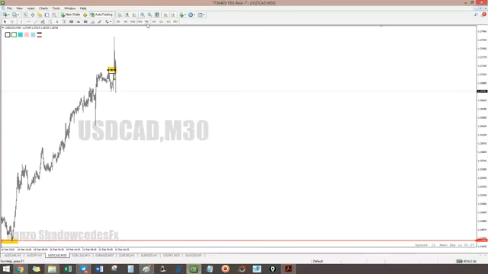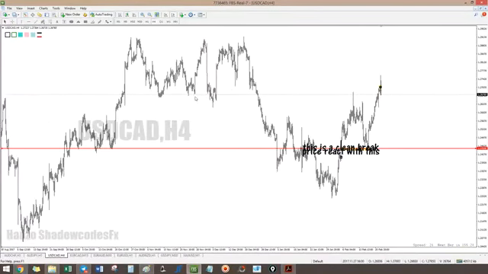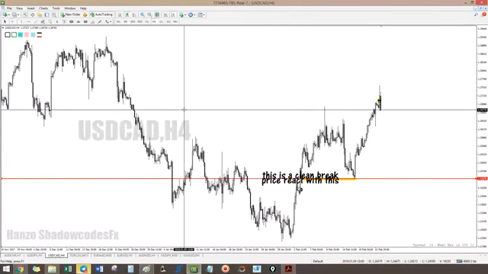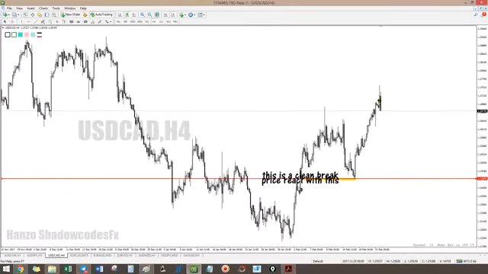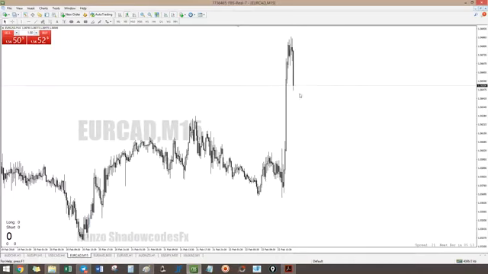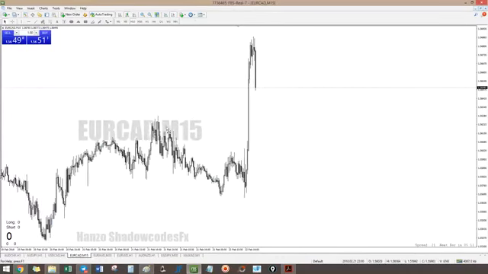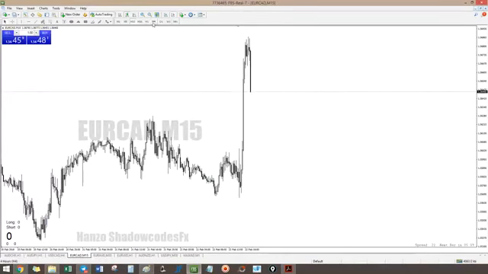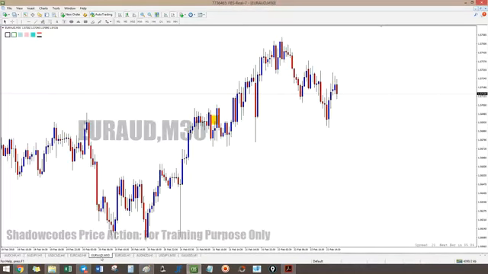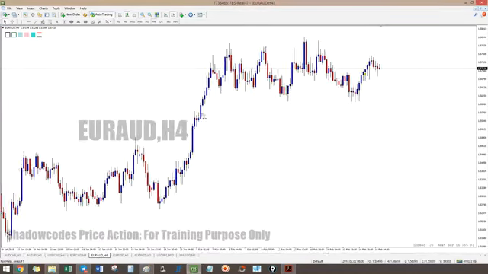For example, we have H4. Got a clean break here. Yes, we got a clean break here. But I don't think we can go up to M1 here. Let's see EURCAD, H4.